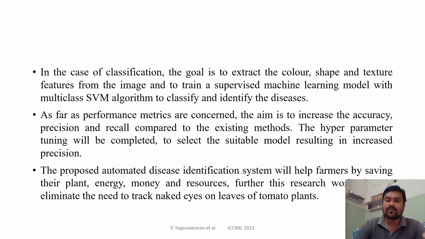This is the main drawback. So by using this automatic identification system, we will save the plant, and energy, mind, money, and resources, and we can identify the plant from the initial stage to take action.